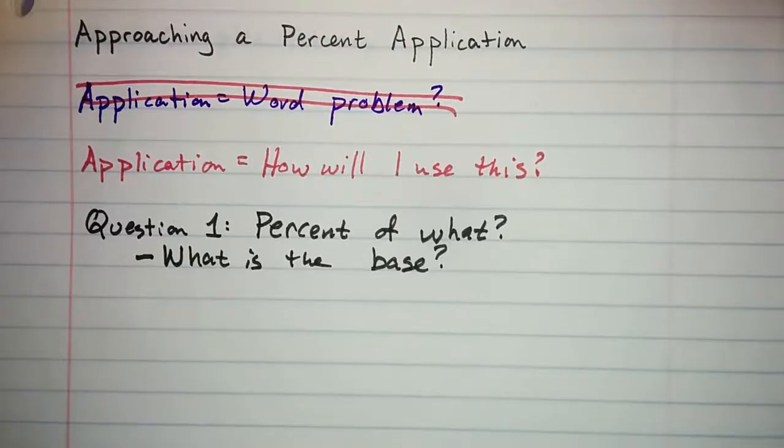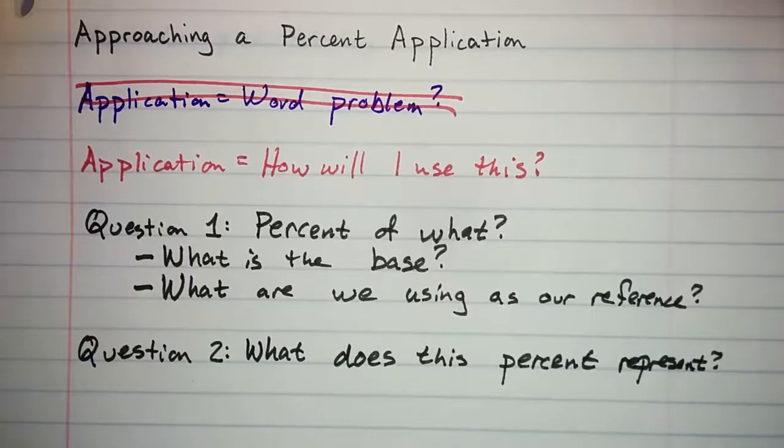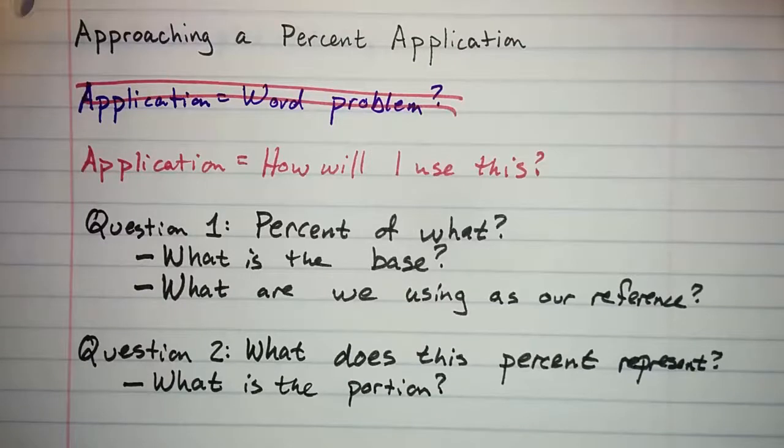Well, the base is what we're using as our reference. The second question we need to ask is, what does this percent actually represent? That is, what is the portion? And really specifically, the thing that we're looking for is, what is this story actually about?